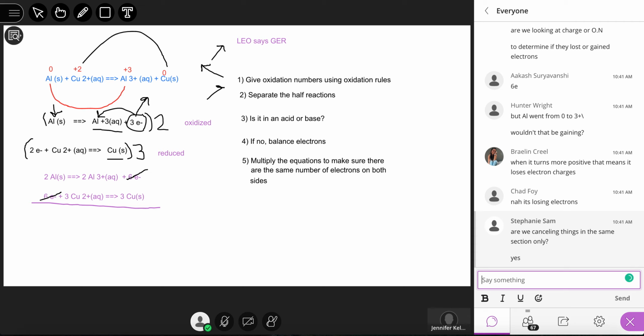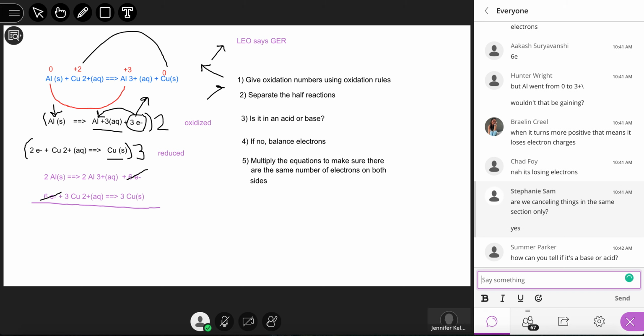And then I'd have the arrow. And then on the right of that, I'd have 6 electrons, 2 aluminum 3+, and 3 copper. So then I would have 6 electrons on both sides, and I would cancel them. So the only reason I'm canceling them here is just as a shortcut.